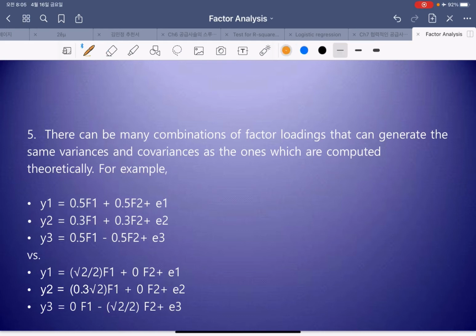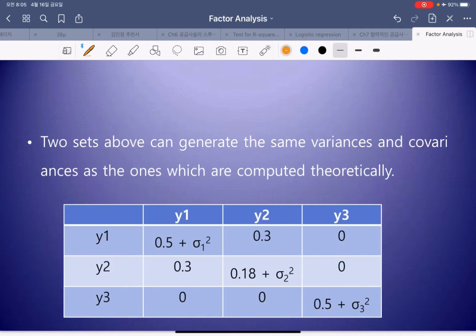There can be many combinations of factor loadings that can generate the same variances and covariances, right? So I'm showing you the example here. We have two sets of factor loadings, and these ones generate the same variances and covariances like this, right?